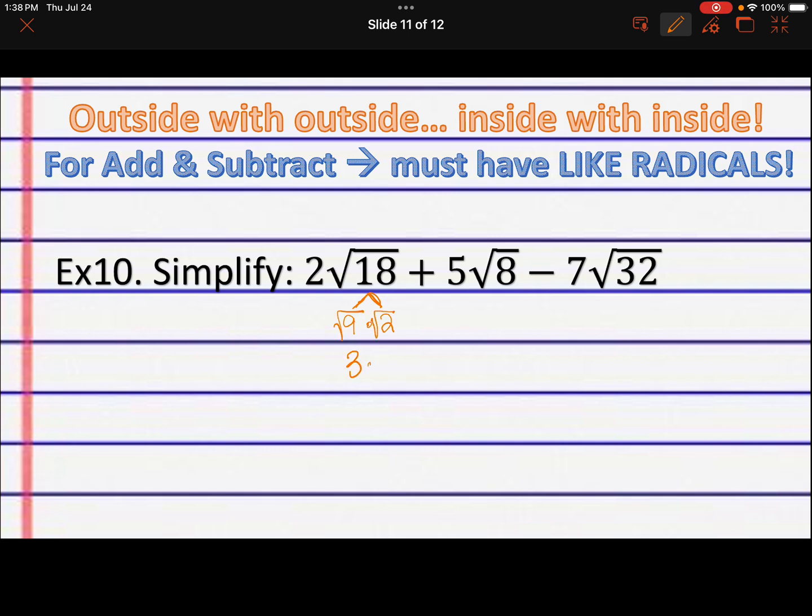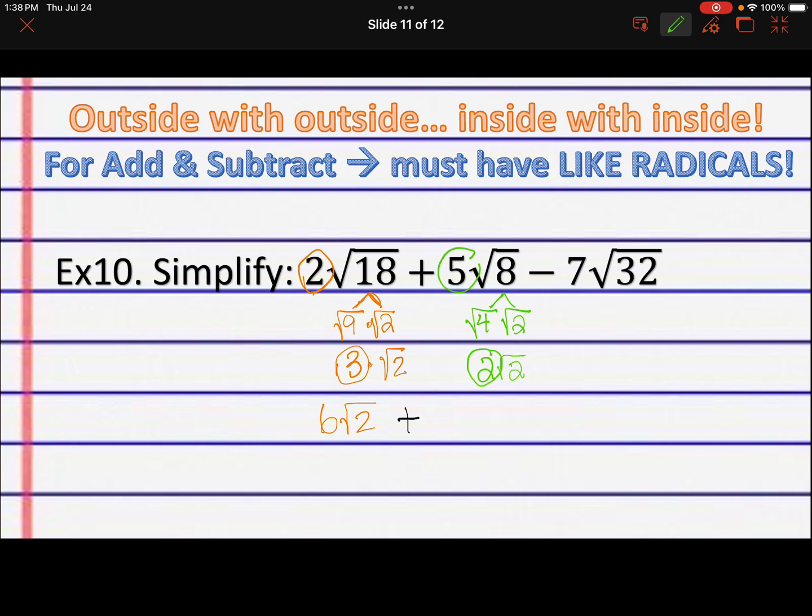So this is 3 radical 2. And then I'm going to go 2 times 3. So this one turns into 6 radical 2. All right, that one has been simplified. And then I'm going to put my plus sign. All right, and I know 8 can simplify into 4 times 2. So square root, that would be 2 radical 2.